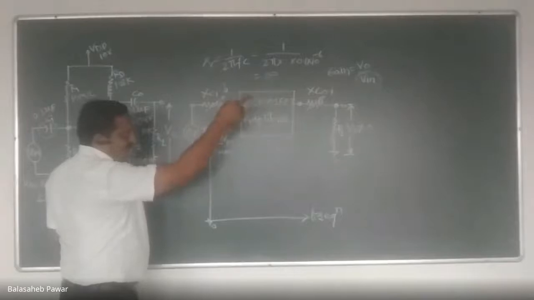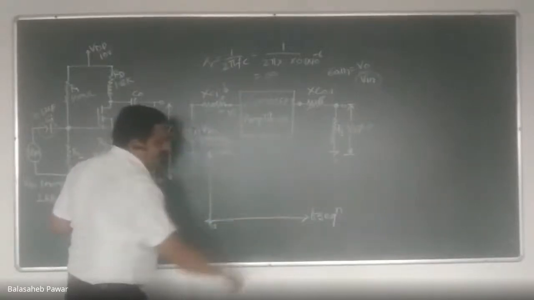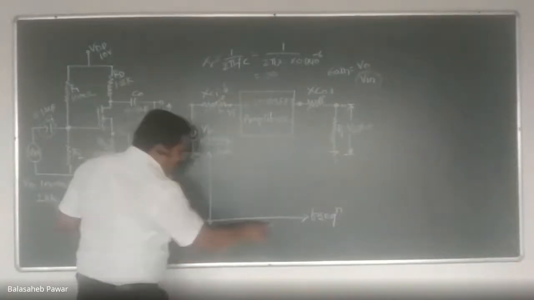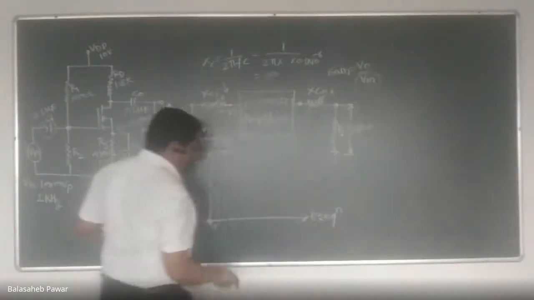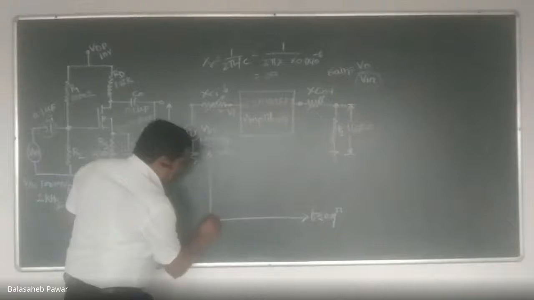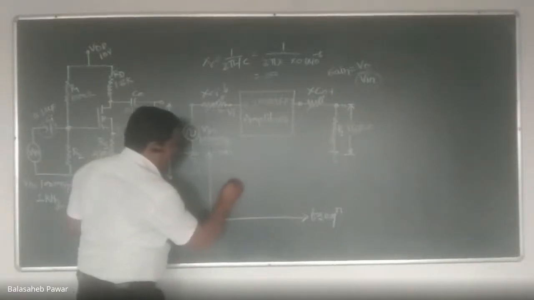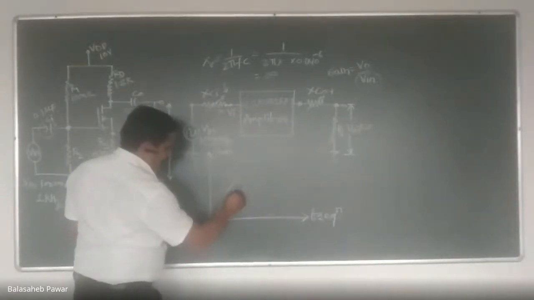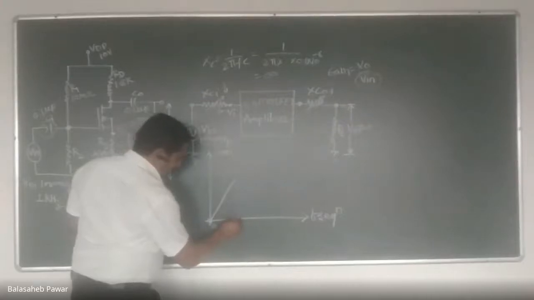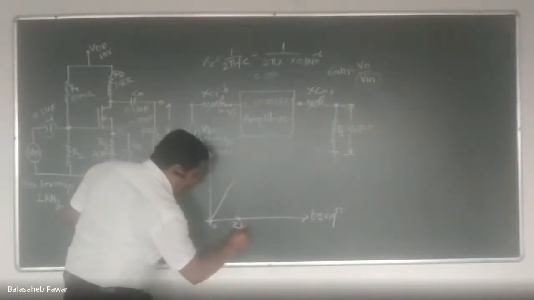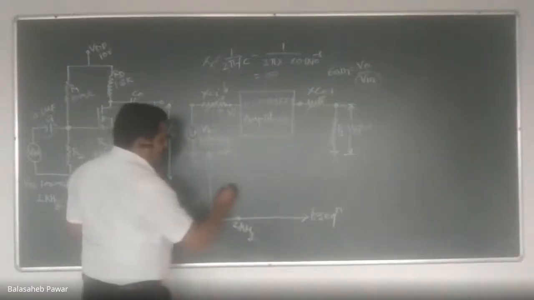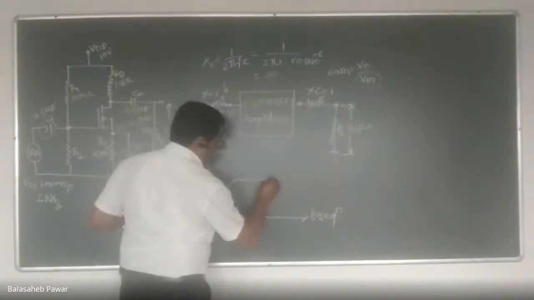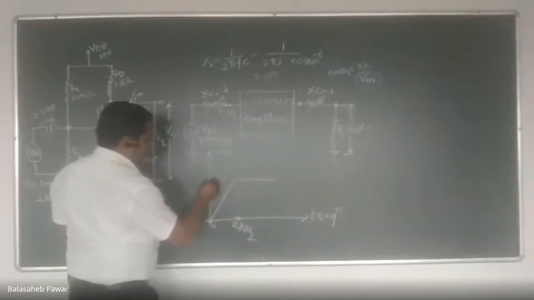But VO gets changed as there is a change in frequency. As frequency increases, VO also gets increased while our Vin is constant, and that's why we can say there will be an increase in gain like this. And after this particular frequency, I think I have taken it as 2 kilohertz, later on, even if I increase the frequency, the gain remains constant. Are you agree with this? This is nothing but maximum gain.